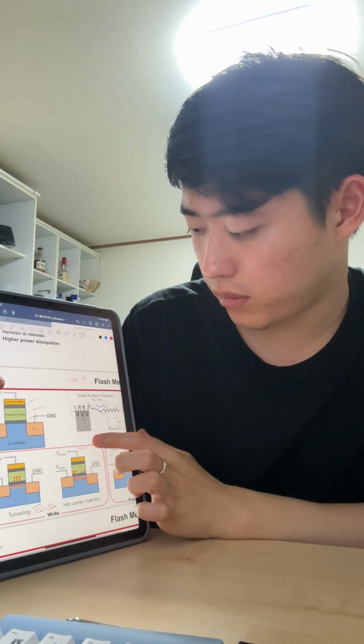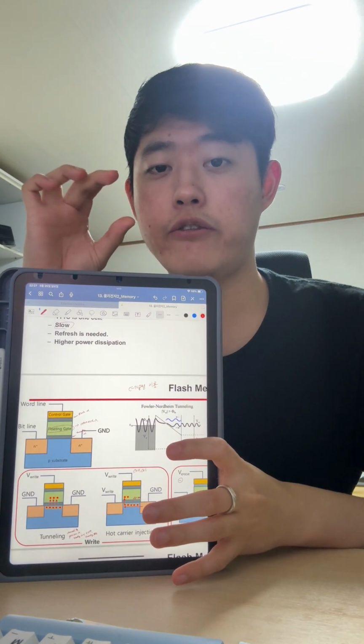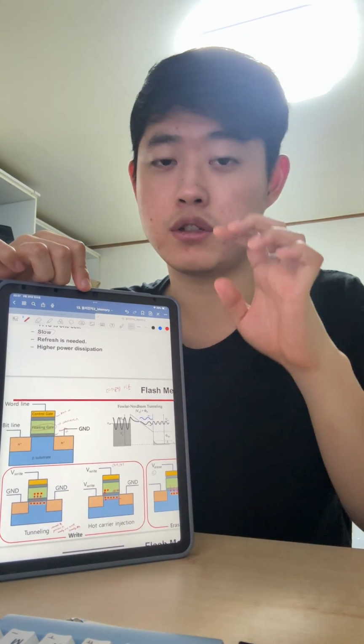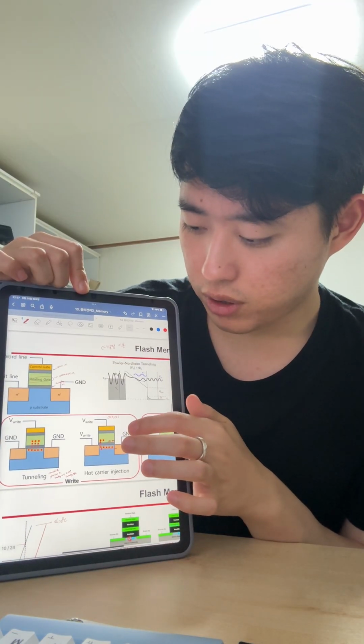Okay. And this is the flash memory. This is like a FET, but there is a floating gate here, so this is the flash memory.